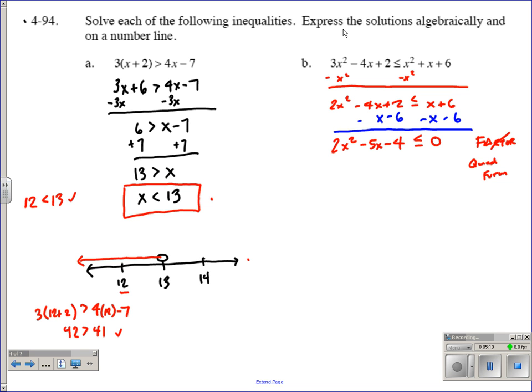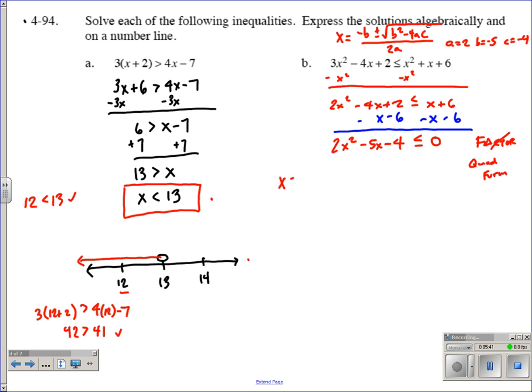So for those of you that forgot it, hopefully you didn't, x equals the opposite of b plus or minus the square root of b squared minus 4 times a times c all over 2 times a. So a in this case would be 2, b would be negative 5, and c would be negative 4. Let's take them and plug them in.